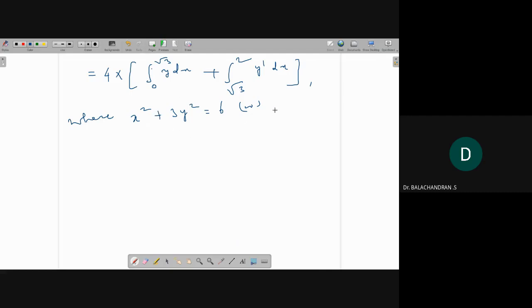So 3y square equals 6 minus x square, y square equals (6 minus x square) by 3, y equals root of (6 minus x square) by 3. This is y. Here x varies from 0 to root 3.